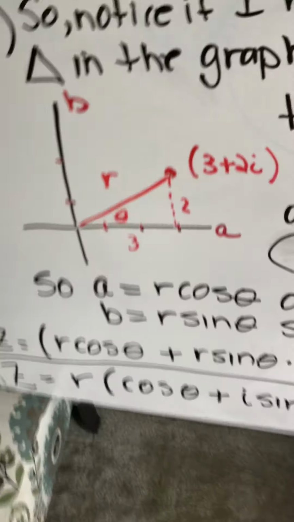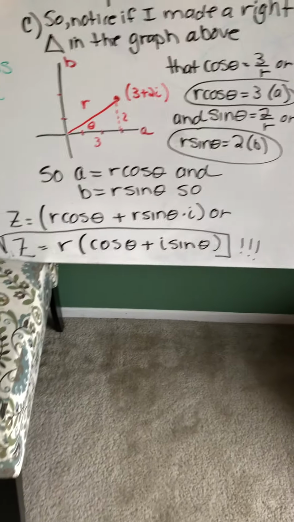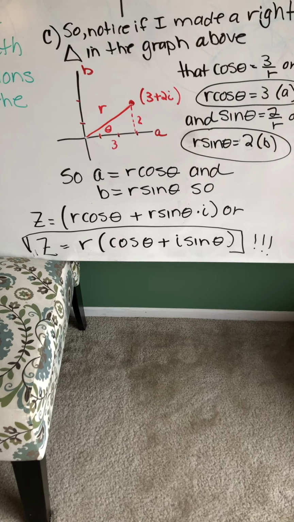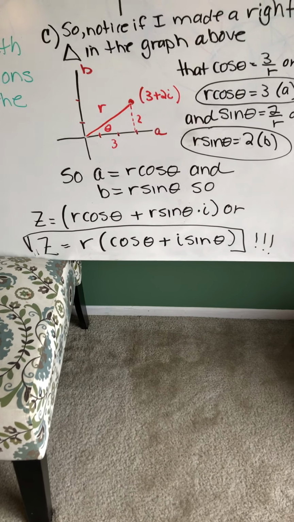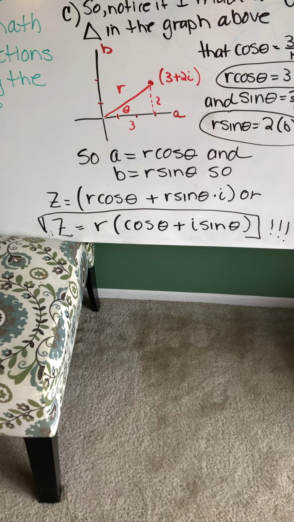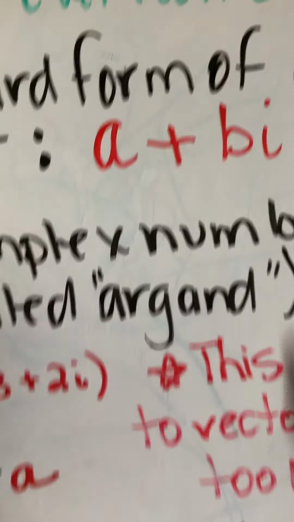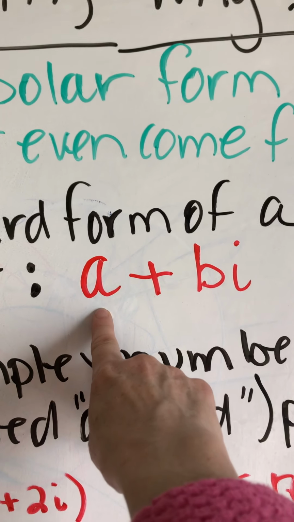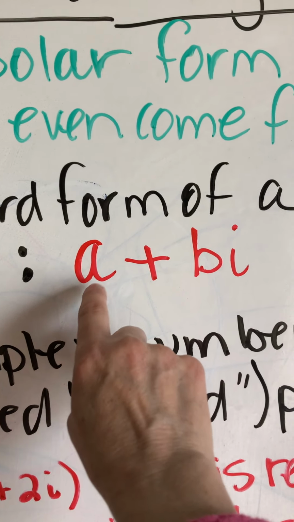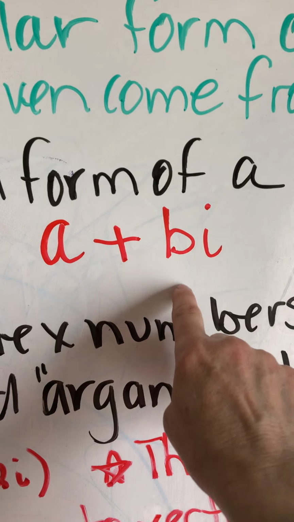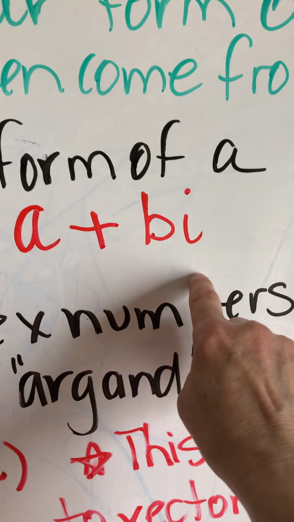Okay, so here's what I now know. Here's where it all comes together at the bottom. If a equals r cosine of theta and b equals r sine of theta, then in this complex number I can put r cosine of theta for a and r sine of theta for b with the i.